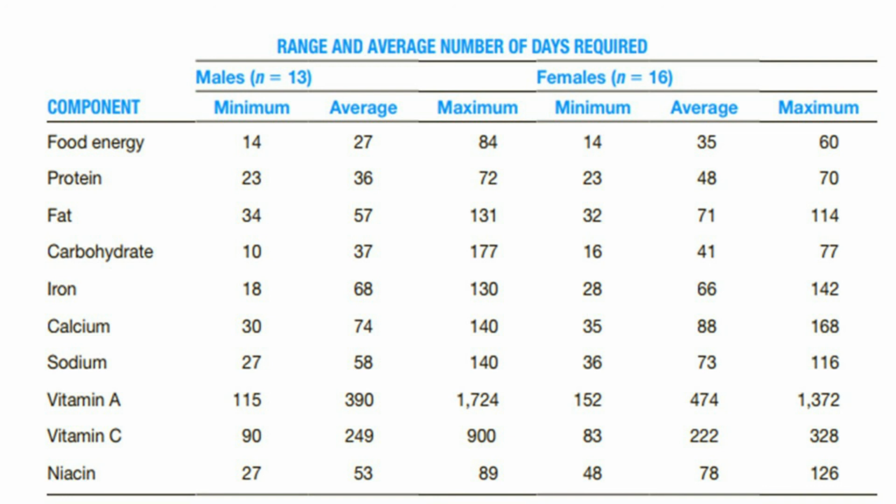Day-to-day variation in an individual's nutrient intake, also called within-person variation, has important implications for nutritional epidemiological studies. If only one day's intake is determined, then the true long-term nutrient intake may be misrepresented.